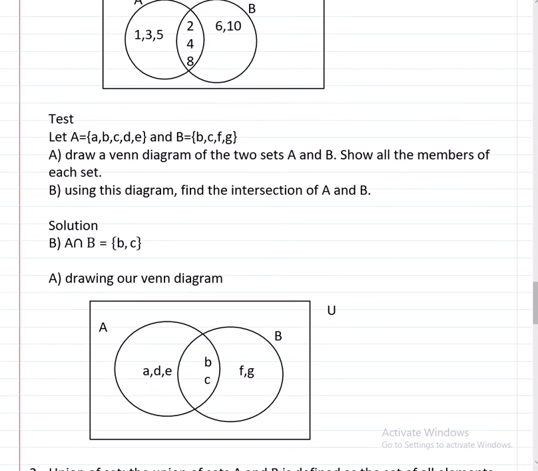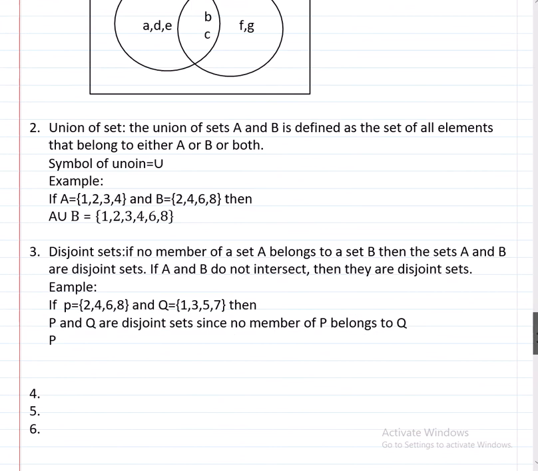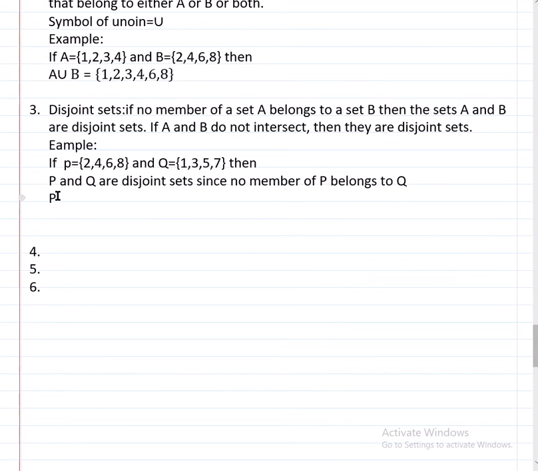Okay, so we can say that P intersection Q is a null set because we won't get anything.